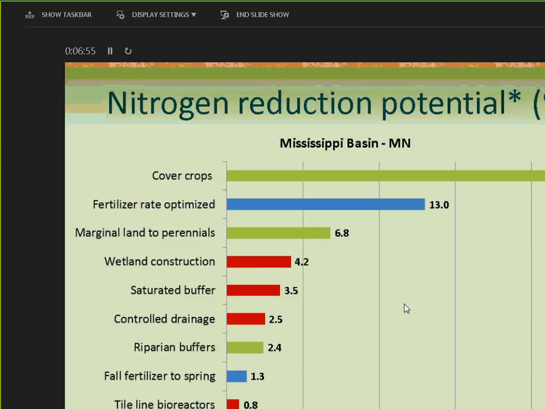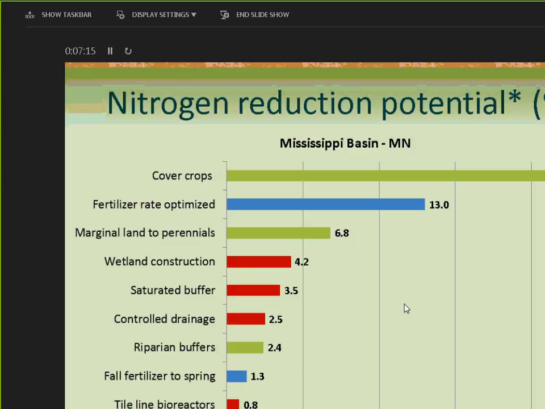It would help you figure out, if I had a high level of adoption of each of these BMPs, how far would we get? If we're shooting for a 20% goal or a 30% reduction goal, you can see that any individual practice is not going to get close. But combined, we can reach some good goals.